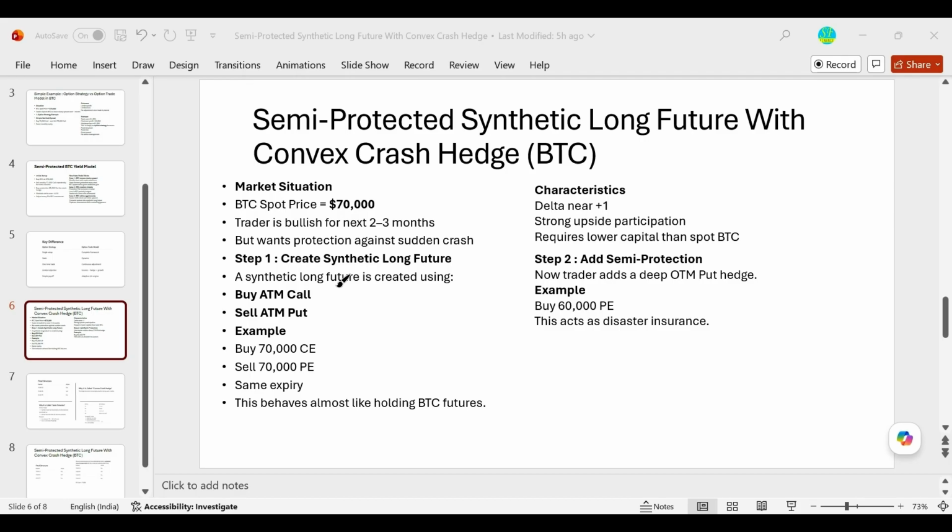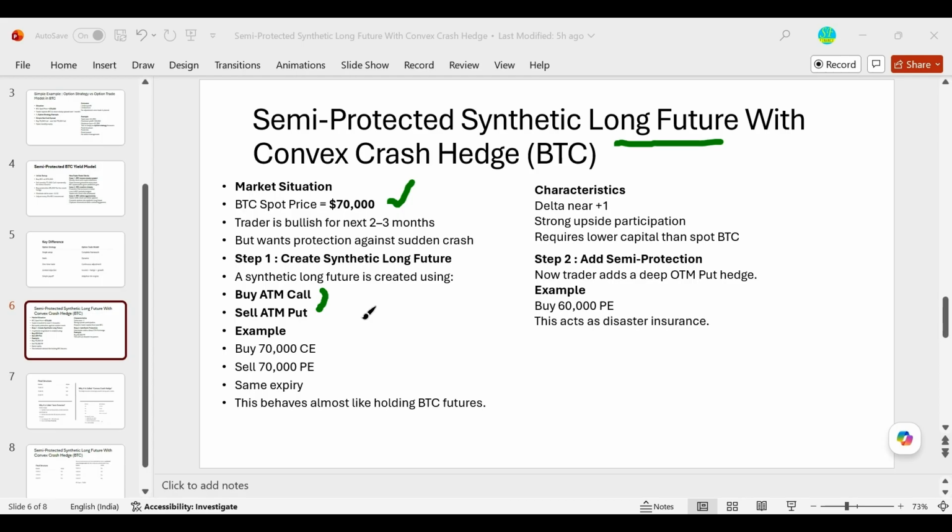I have told you what a semi protect is, what a synthetic long future is, and the view in which the trader is taking that. Instead of buying the spot and spending the entire money on it, the trader is only buying a call option and selling a put option without theta exposure.